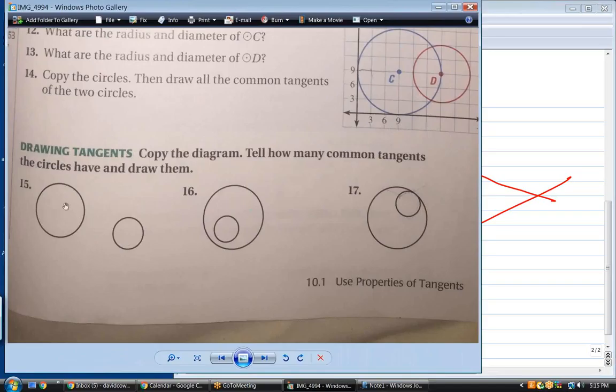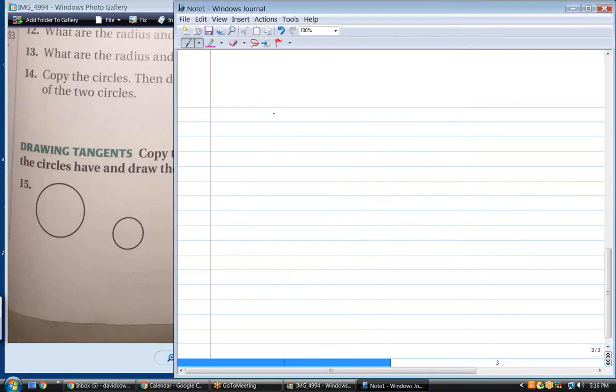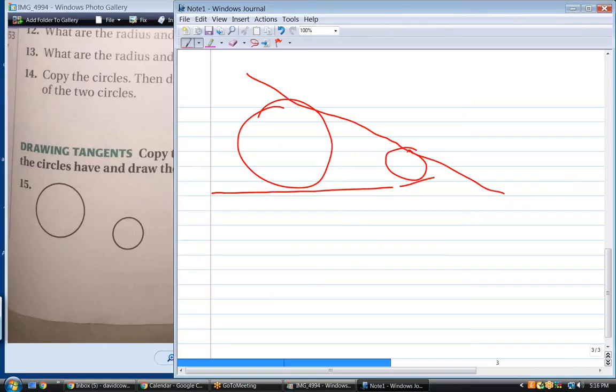How many common tangents on 15 are there? Four. Correct. Because on 15, since the circles don't connect, I got a tangent there. I got a tangent there.